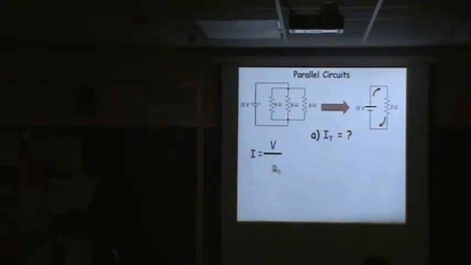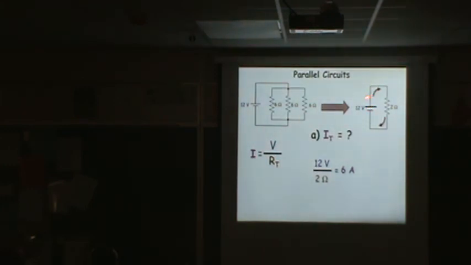Take the voltage drop across that net resistance, divided by how much resistance it has, and that gives me the current. The voltage is 12 volts, we're dropping 12 volts across that baby. It has 2 ohms of resistance, so 12 divided by 2 is equal to, guess what? 6 amps.